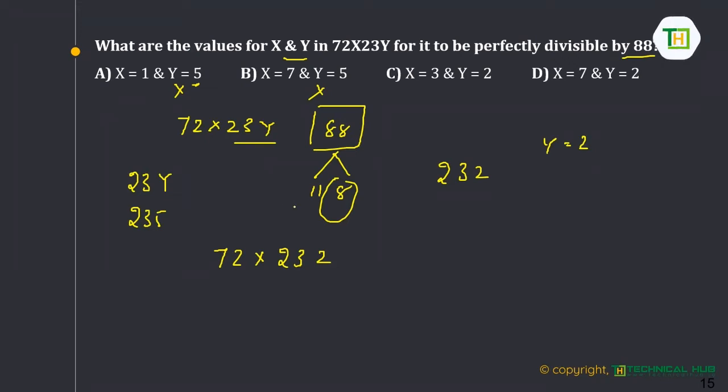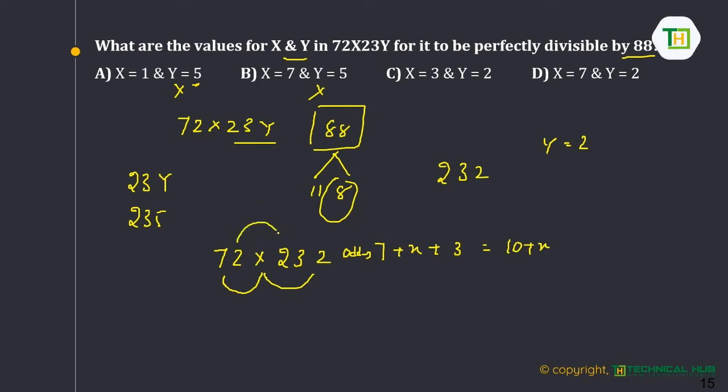Any number is divisible by 11 when the difference between the sum of all the digits placed in odd positions and the sum of all the digits placed in even positions is 0 or a multiple of 11. So here the sum of the digits in odd positions is how much? 7 plus x and 3, so that is equal to 10 plus x. And the sum of the even places is how much?